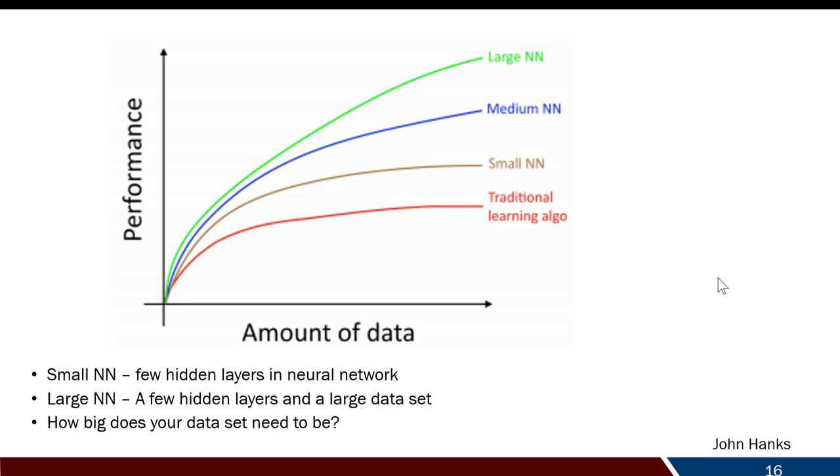You can have a small cat in the image or a large cat, all lighting conditions, and potential occlusions of the cat itself. Maybe you don't see the whole cat. Solving that type of problem is a deep learning problem where you really use large data sets. A little bit of an error on the slide here: it should say a large number of hidden layers and a large data set.